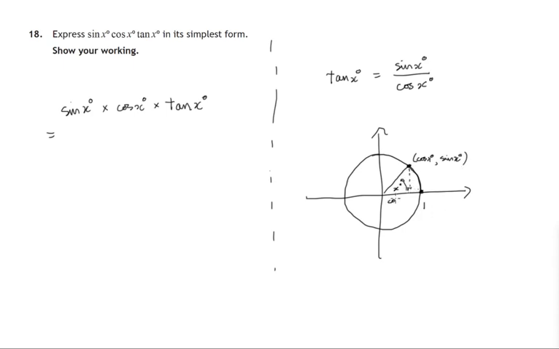So this side is cos x and this side is sin x. But this only works if the radius of that circle is 1.